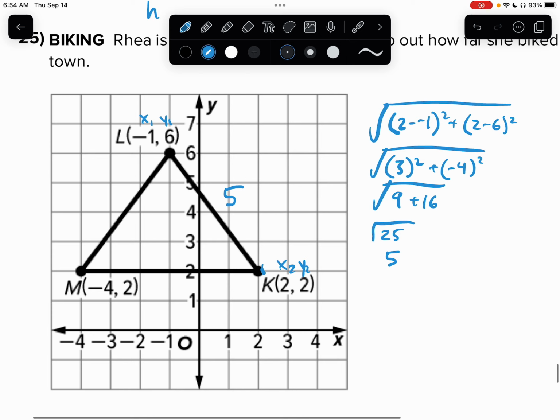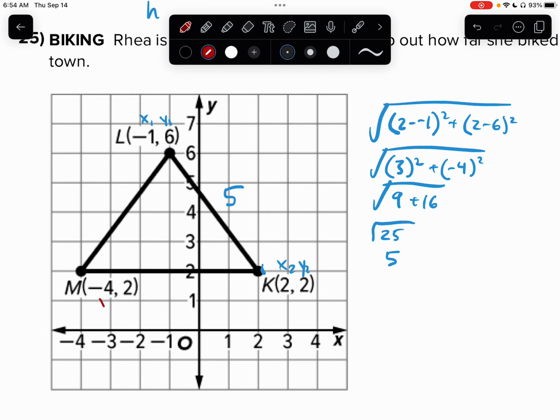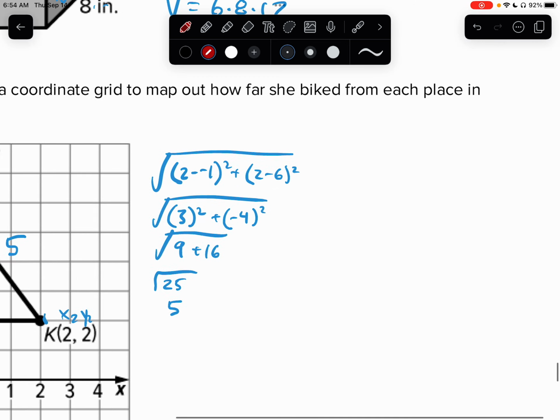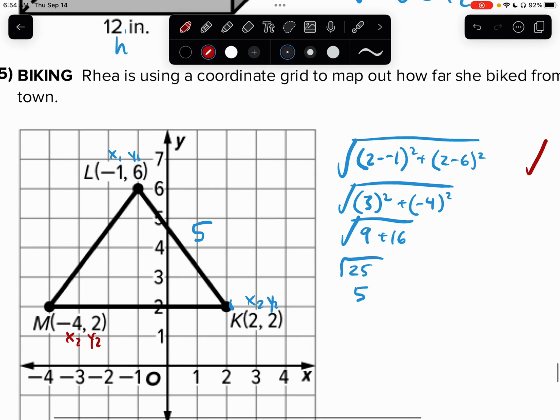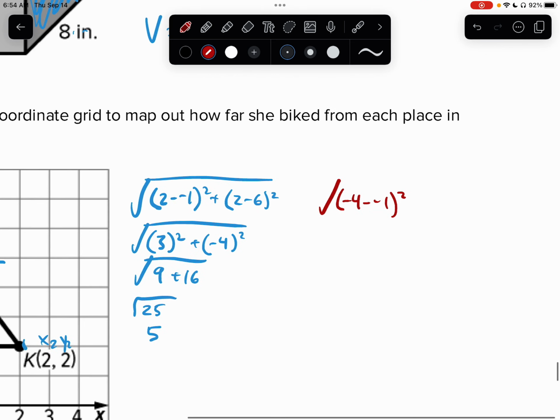All right, now I'll do the same thing for L to M. I still have L as my x1, y1, and M can be my x2, y2. So it'll be x2 minus x1, which is negative 4 minus negative 1, squared, plus y2 minus y1, which is 2 minus 6.